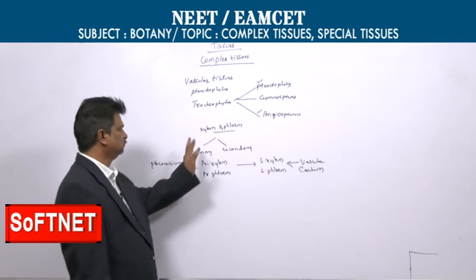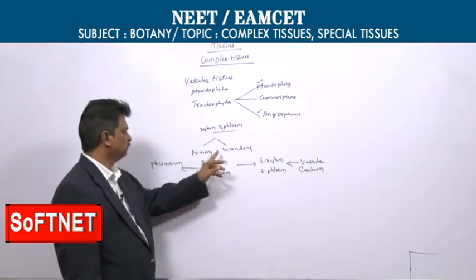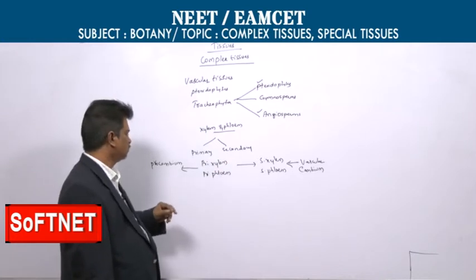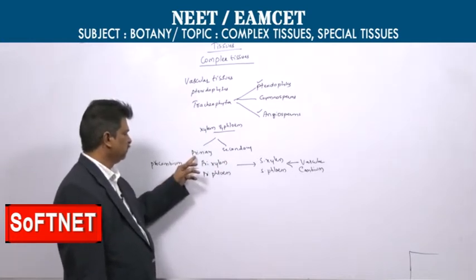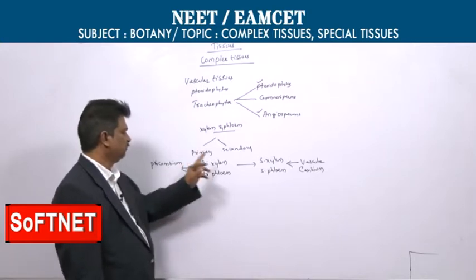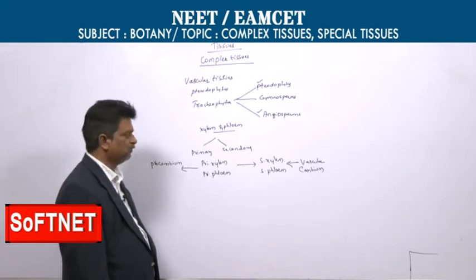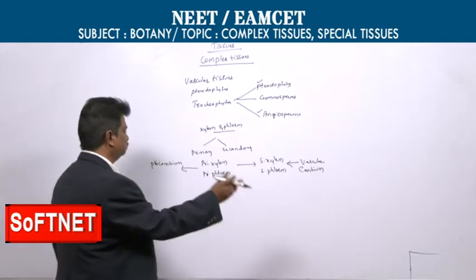So the point: vascular tissues, xylem and phloem, are of two types, primary and secondary. Primary vascular tissues, xylem and phloem, are developed from procambium. Secondary vascular tissues, secondary xylem and phloem, are developed from vascular cambium.